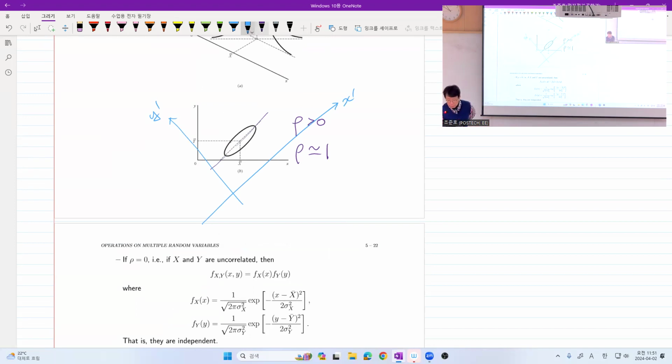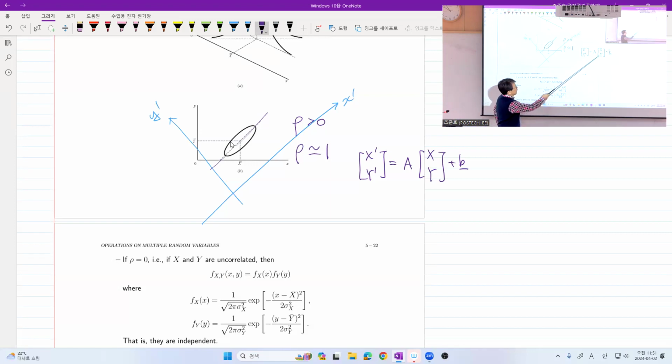So you can always find some square matrix A, positive definite, invertible, and a 2×1 vector B. And you can always find new variables x prime, comma y prime.